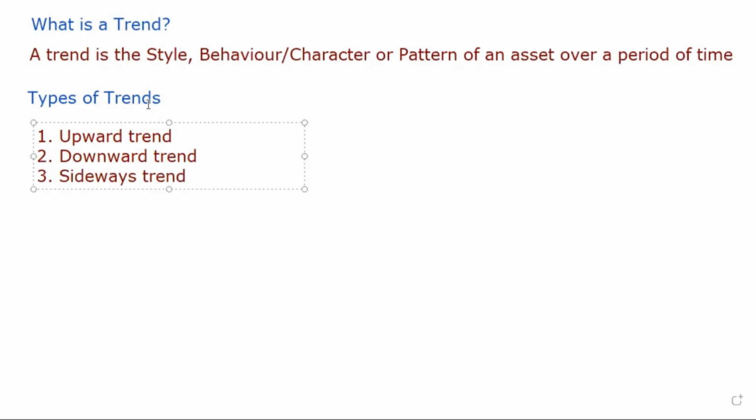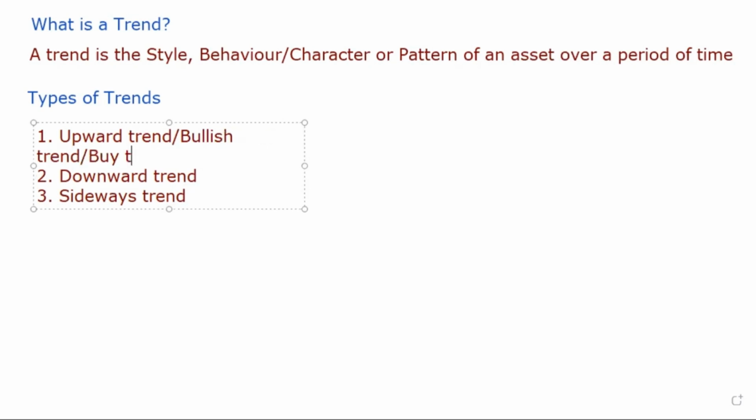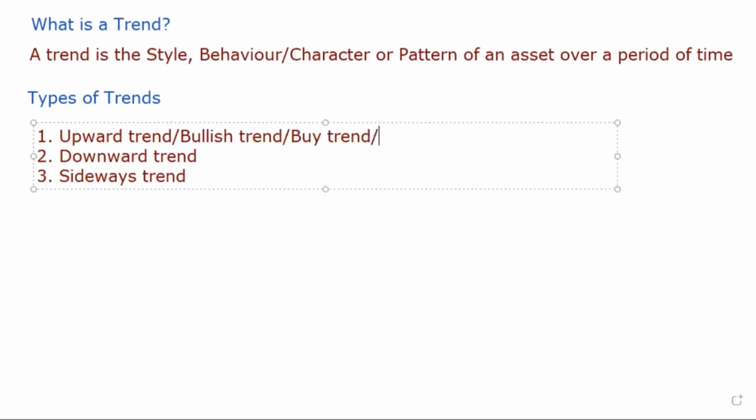All these ones have different names. They are called by different authors or different analysts. This upward trend can also be known as a bullish trend, or some also call it a buy trend. There are many names they call it, but these are common names.